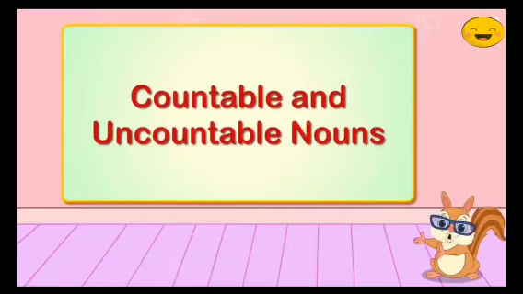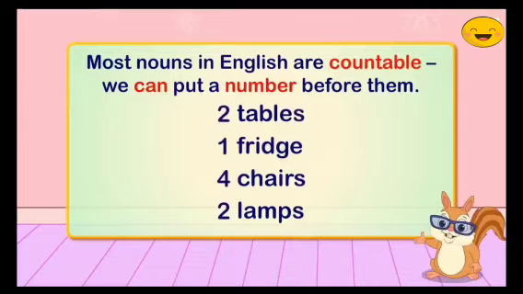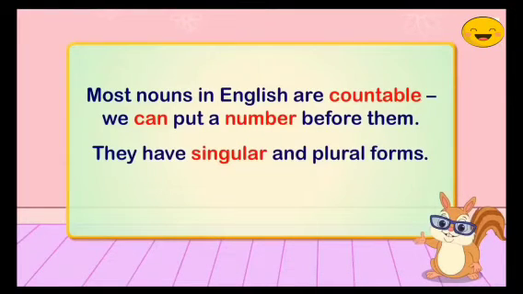Our lesson today is going to be about countable and uncountable nouns. Most nouns in English are countable. We can put a number before them, like 2 tables, 1 fridge, 40 chairs, 2 lamps. They have singular and plural forms.